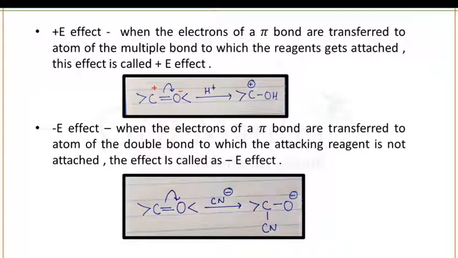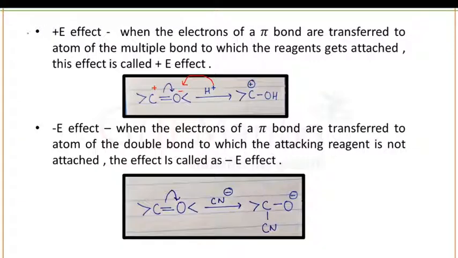Positive species is always attracted by a negative species, or you can say positive charge is attracted by a negative charge. So this attacking reagent hydrogen ion will attach with oxygen, as you can see here, and on carbon there will be a positive charge.